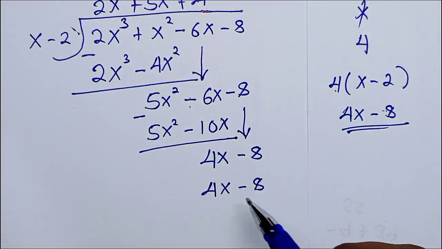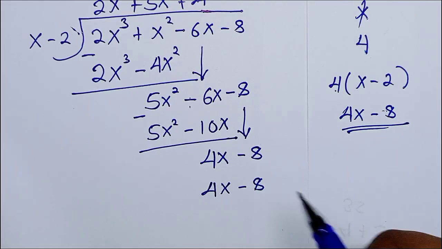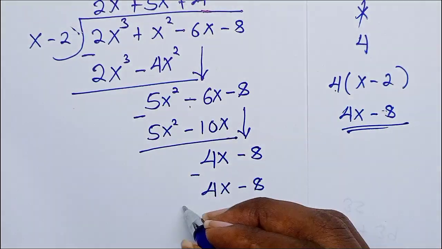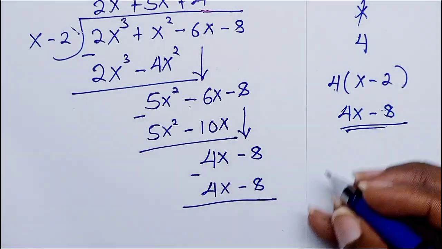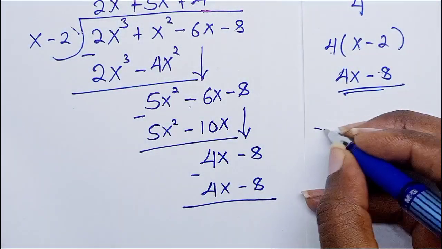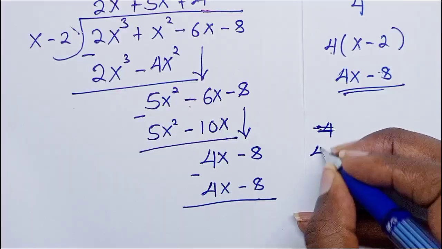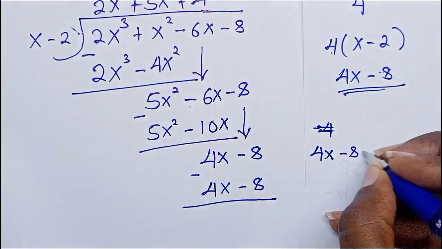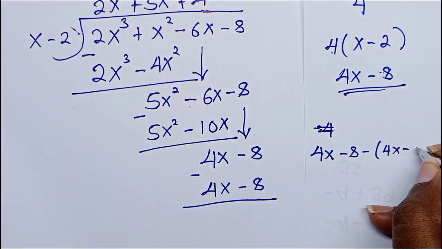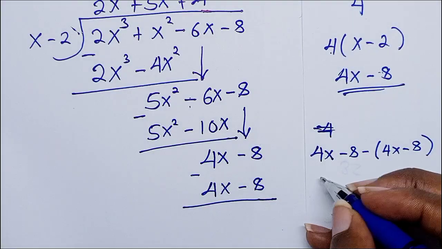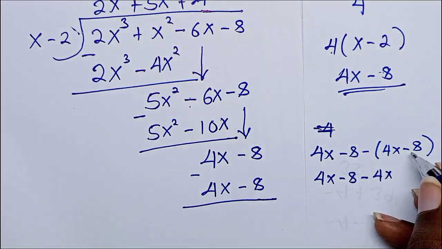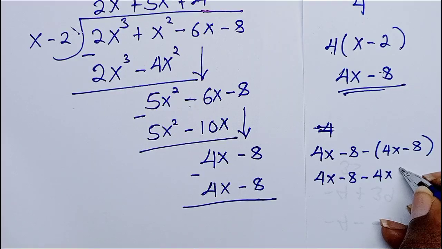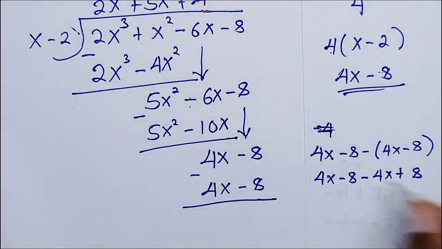So after multiplying, the next step is to subtract. Then we subtract this, okay? This is straightforward. Okay, it's not straightforward. Let me do it on the side. This is 4x minus 8 minus 4x minus 8. Okay, so this is 4x minus 8 minus 4x, minus times minus becomes plus, so plus 8. 4x minus 4x, they cancel.